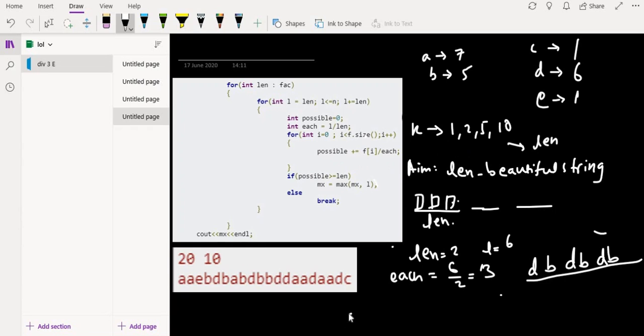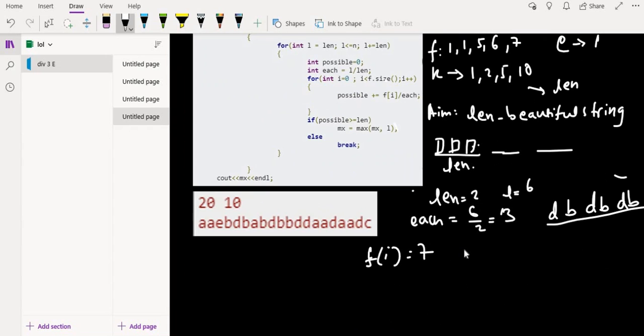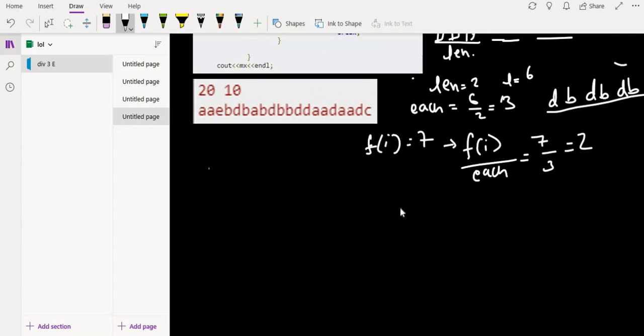So let's say I have f of I equal to 7, and the value of each is equal to 3, so we get that f of I upon each is equal to 7 upon 3, which is equal to 2. Now what does this value 2 represent? So I have a character which repeats 7 times in the initial string, and that is A, as we know.